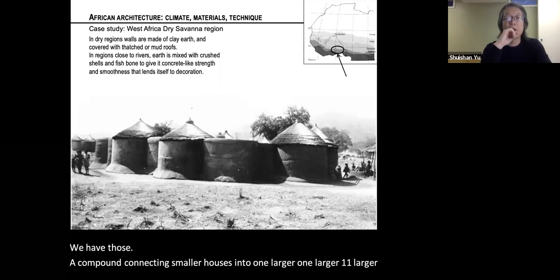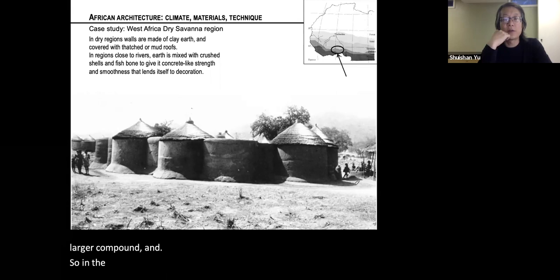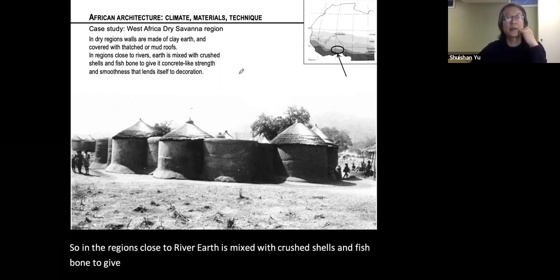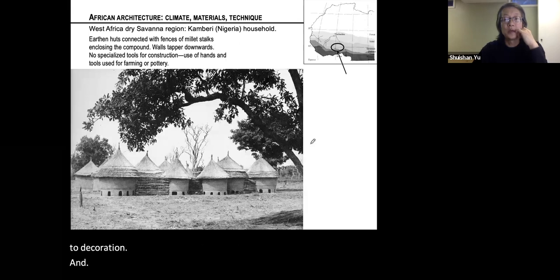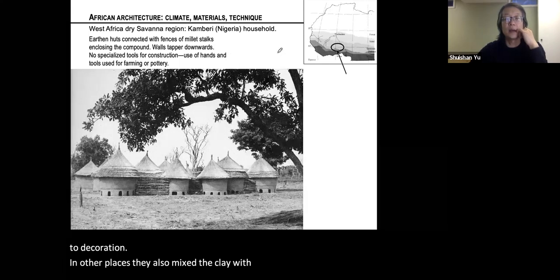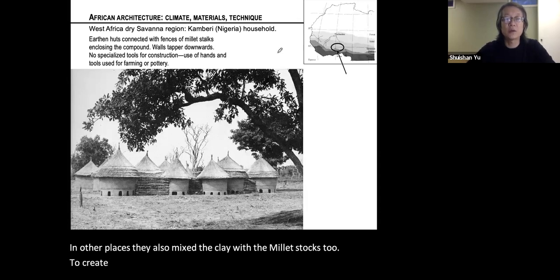In the regions close to rivers, earth is mixed with crushed shells and fish bone to give it concrete-like strength and a smoothness that lends itself to decoration. In other places, they also mixed the clay with millet stalks to create a more integrated wall structure.